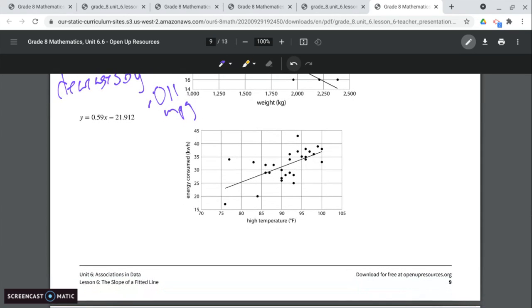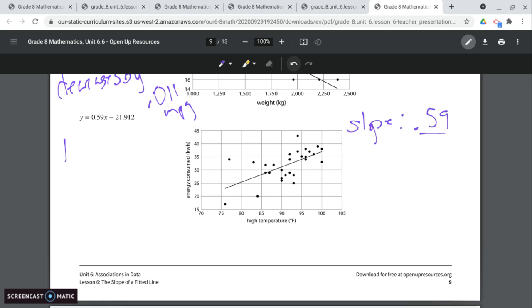And our last one here, we have y equals 0.59x minus 21.912. So our slope is the 0.59, and our y-intercept is the 21.912. What that slope represents in this situation is if the daily high temp increases by 1 degree Fahrenheit, the model predicts that the energy consumed increases by 0.59 kilowatt hours.